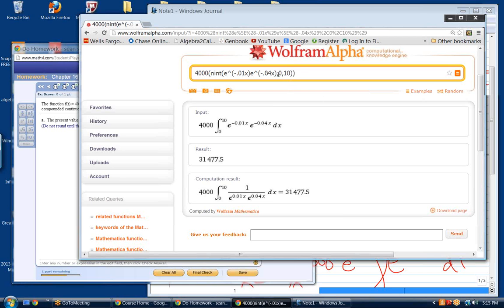Whereas on Wolfram Alpha, I don't have to put that it's a function of x. It knows that from this part. I was thinking, and my calculator's not working, so I can't do this anywhere other than Wolfram Alpha. All right, so what should we do here?